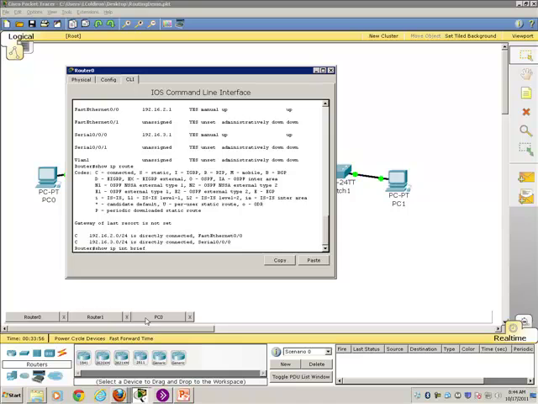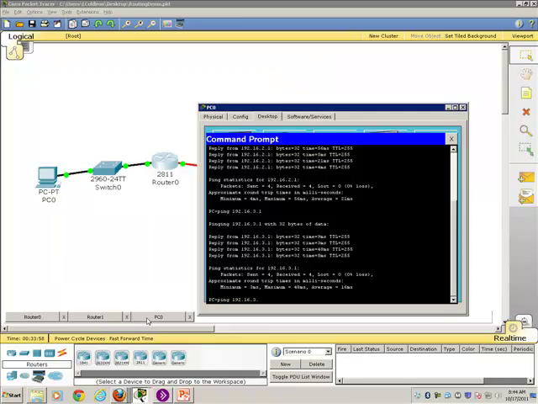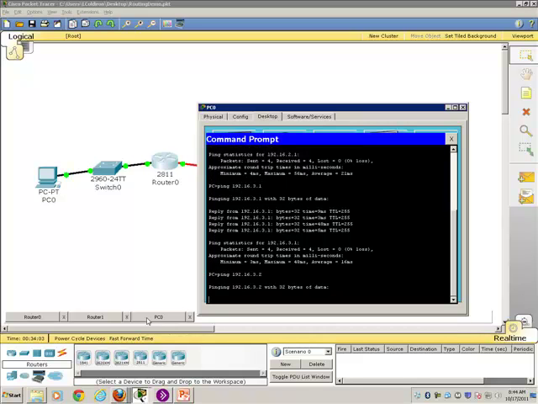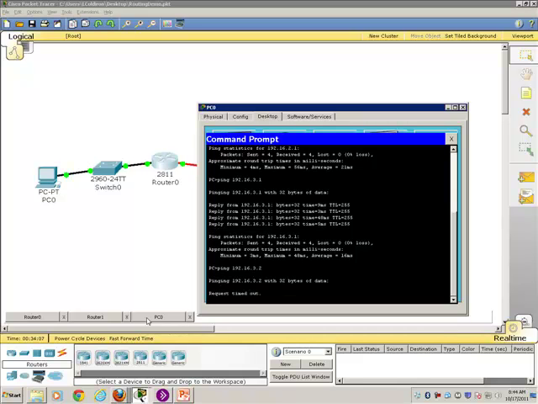Oh, let's get back to this guy. 3.2, I said 13. It's 3.2, right? Nothing's happening. Why? I don't have a route. What does that router at 3.2 know about?